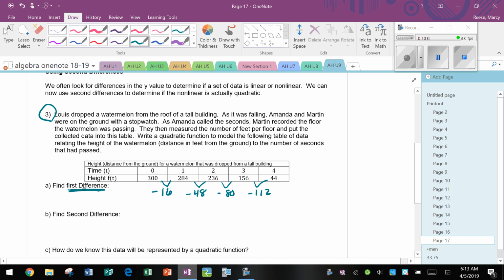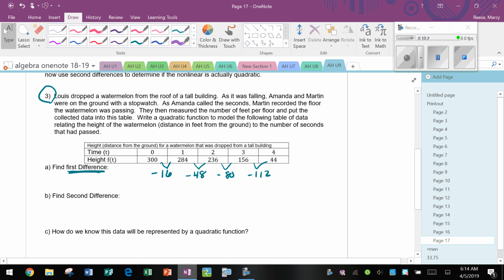We've never said that, but that's what you do when you're trying to find whether something is linear or not. You normally take the difference in the y's and the difference in the x's. You can see the difference in the x's is going one at a time, so I didn't do that. And by the way, when you do first difference and second difference, you have to remember that you are going to want the x's to be 0, 1, 2, 3, 4.